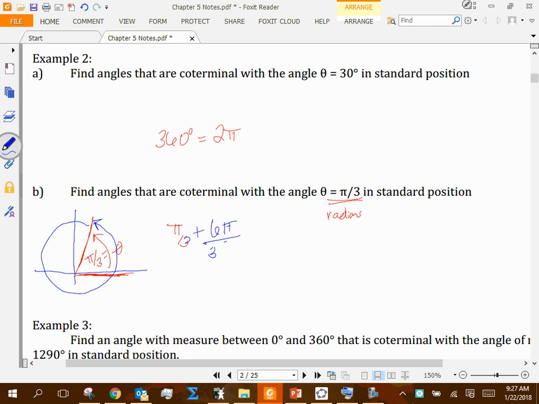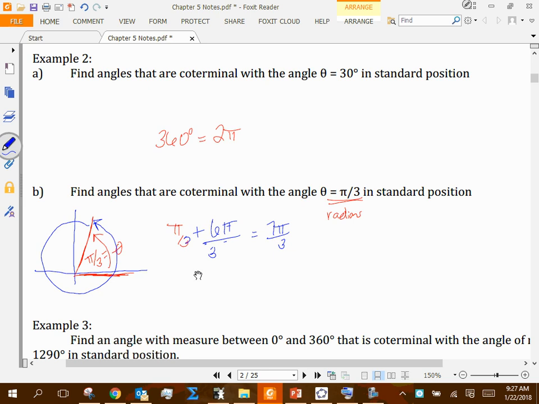A byproduct of this course is that you are going to get much better at dealing with fractions, learning your rules and your properties and all the algebra that is required for fractions. So when I add those together, I get 7 pi over 3, right?